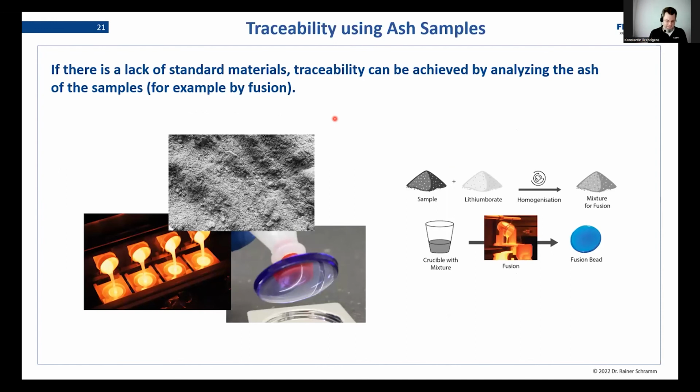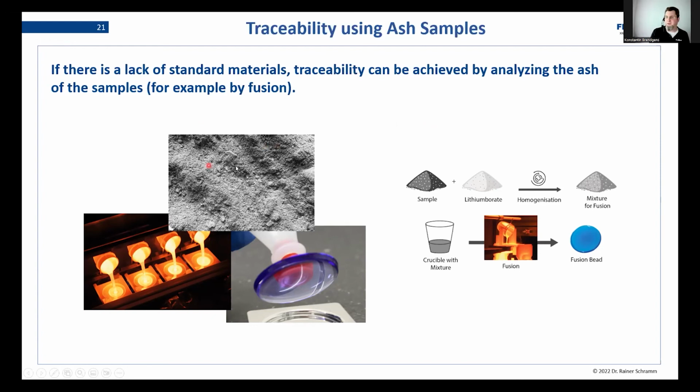In terms of traceability, you may remember the little table we had before about the ash analysis. If there are no standard materials available and you cannot use the oil standards, you can also establish your traceability by analyzing the ash.